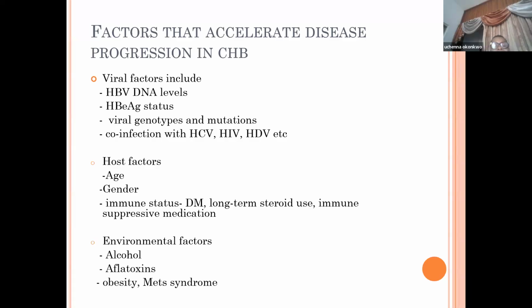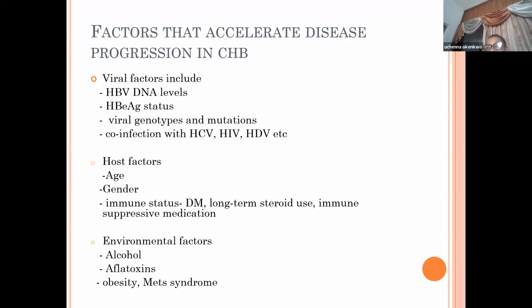Factors that accelerate disease progression. We know that for hepatitis B and C, most people with this infection do not know they have it. People have this infection for many years, remaining asymptomatic until they develop symptoms related to liver dysfunction, not necessarily related to the virus, before they realize for the first time that they have the virus.